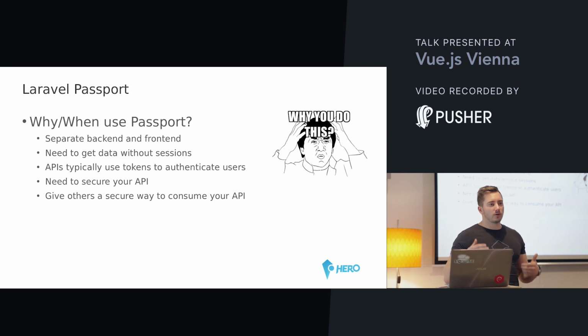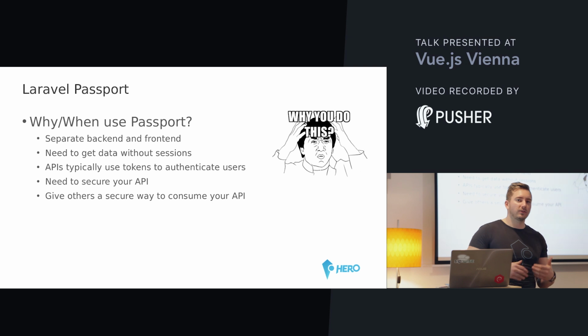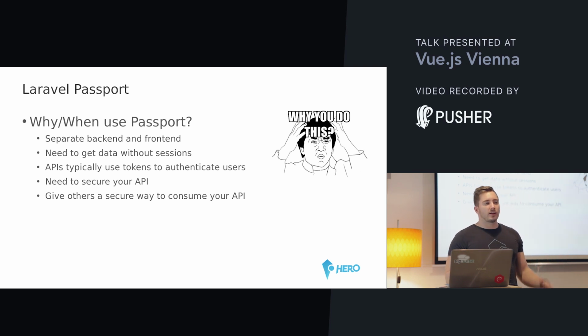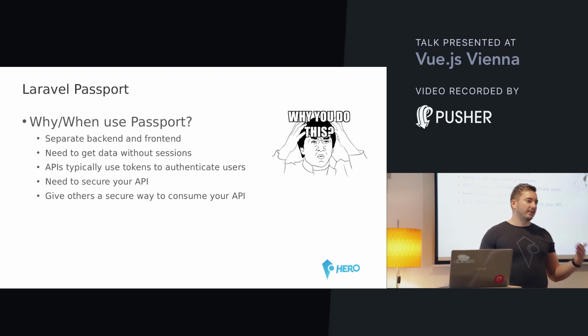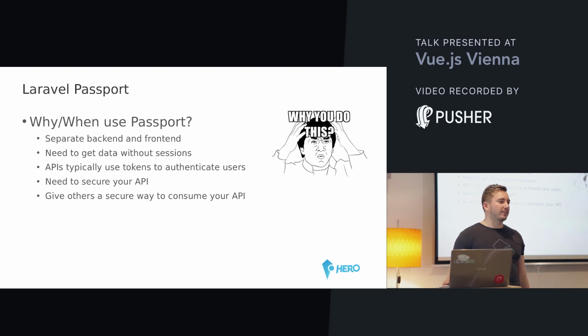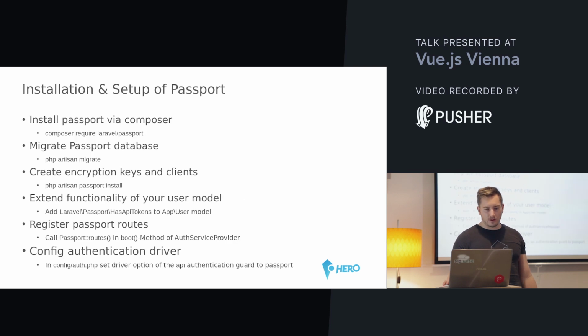So every time you access the API, you need to send an API token with it, an access token, so that the backend knows which user wants to request the resource, right? So if you have the need for a secure API or want to give others a secure way to consume your API, then you need access tokens. And then it makes sense to use the OAuth 2 implementation of Laravel Passport.